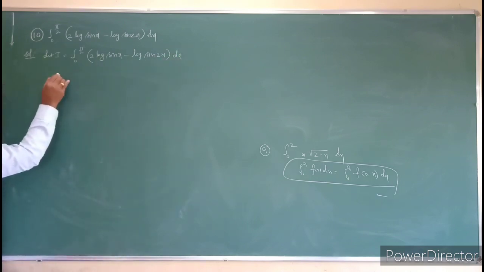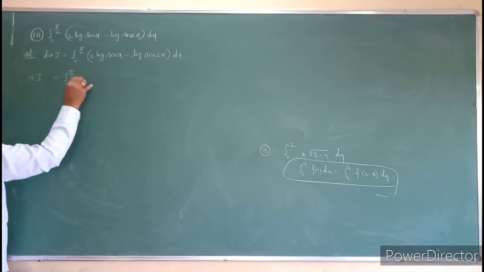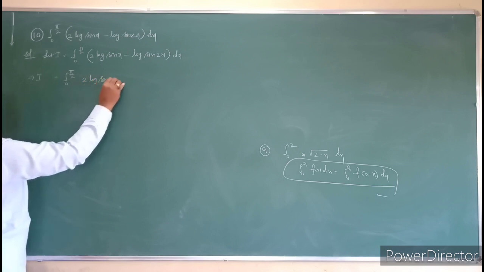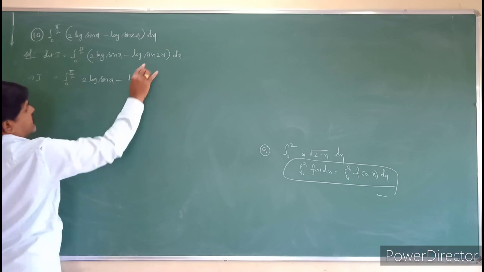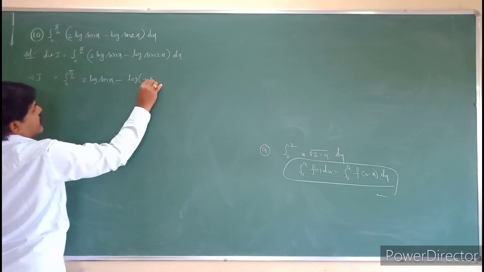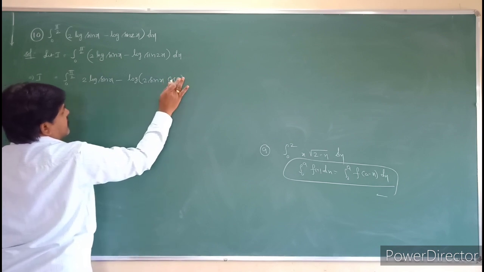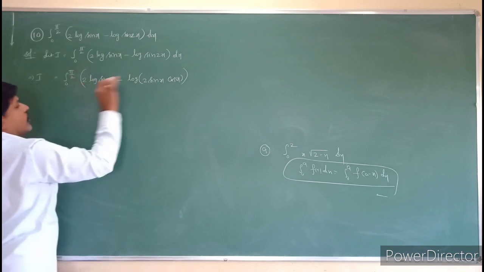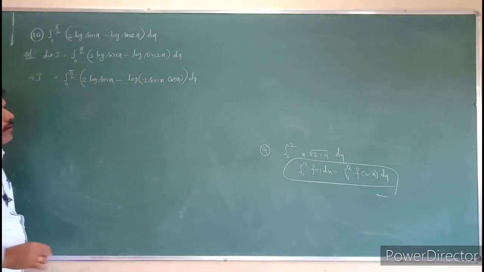So that implies I is equal to integral 0 to pi by 2 of 2 log of sin x minus log of sin 2x. Sin 2 theta formula: 2 sin theta cos theta. So sin 2x formula is 2 sin x into cos x.